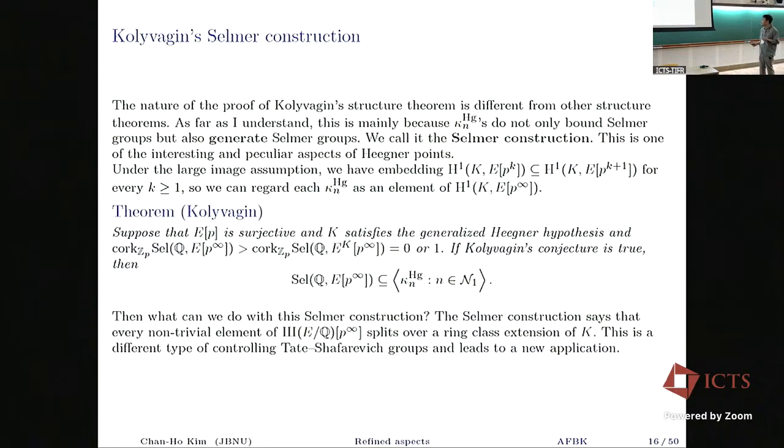And then what can we do with this Selmer construction? It says that every non-trivial element of Sha splits in a ring class extension of K, because all these come from points in some ring class extension of K. So this is a different type of controlling Tate-Shafarevich groups and leads to a new application.